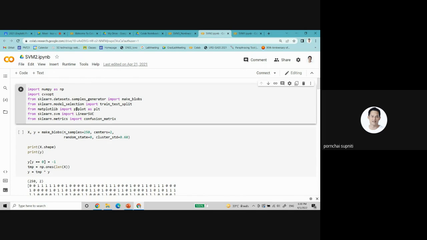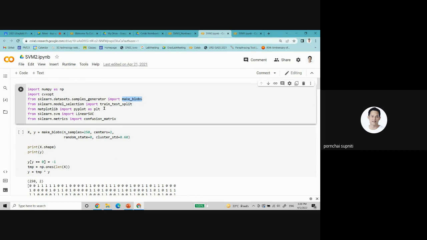Okay, but today we're going to use this library. This is NumPy. We will import this library that will make data into different groups of data. It's called make_blobs. Also, this one is similar to last time. In model selection, we import this library to split data between train and test.